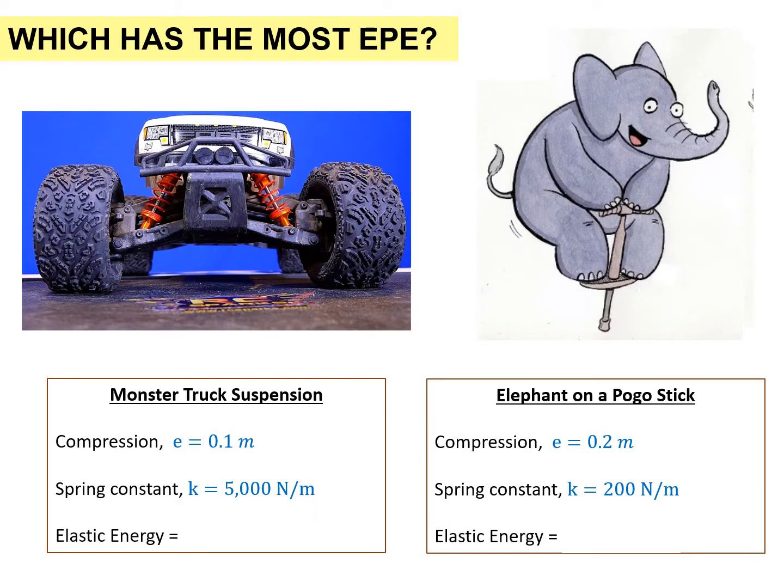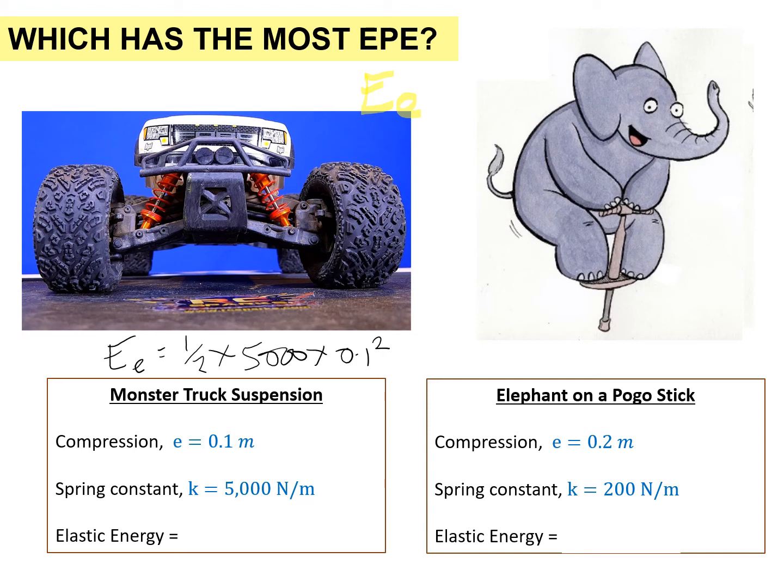So which of these has the most EPE, or E subscript e if we're using AQA? Well, look at the monster truck there. We've got the compression, so let's quickly show you how you would work that out. E subscript e equals 1/2 times k, which is 5,000, times 0.1 squared.